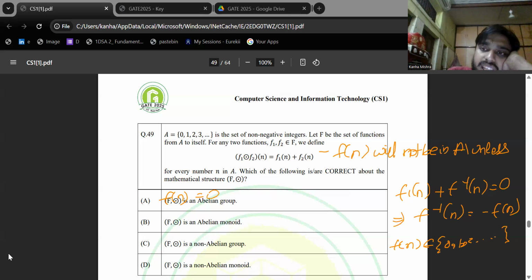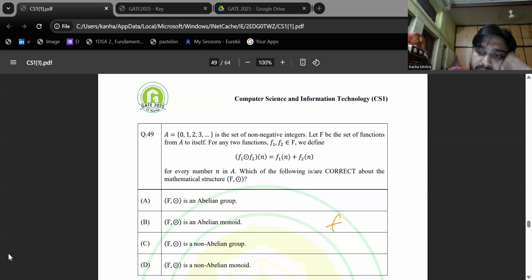So for any f not equal to 0, f inverse does not belong to F, because it will have negative values. So the inverse does not exist in general.